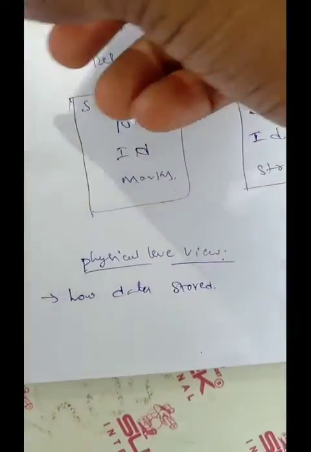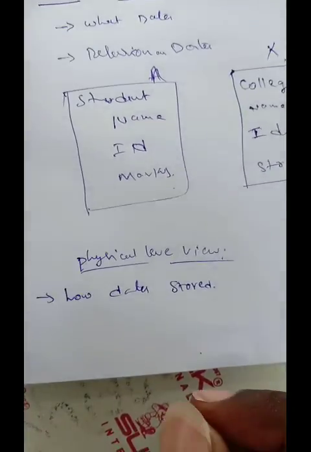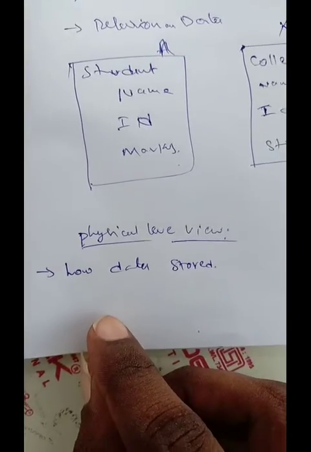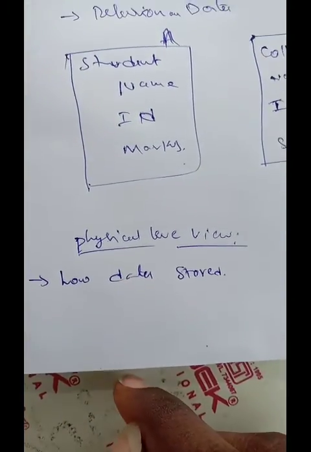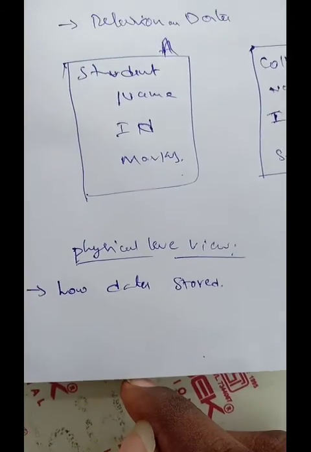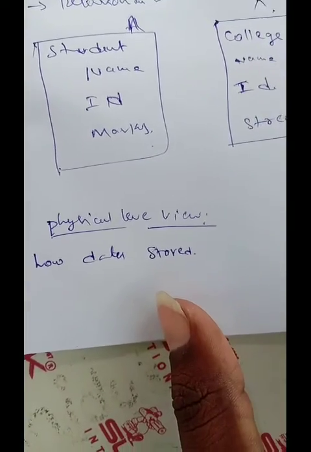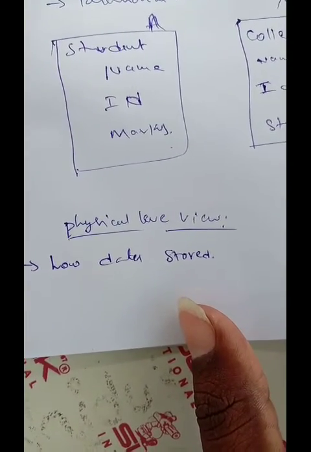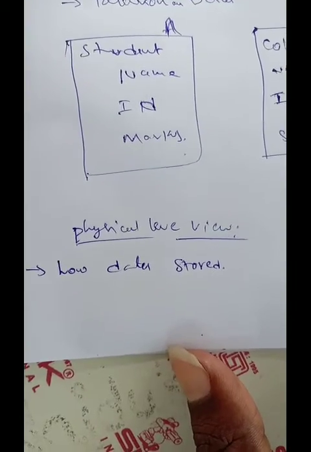It is a less complex level, and what the DBMS deals with at this level is how data is stored, that means at which location it is going to store the information produced by the user. Those complexities are managed by the DBMS at this level.